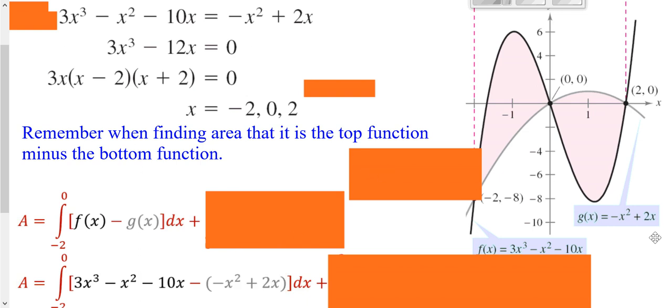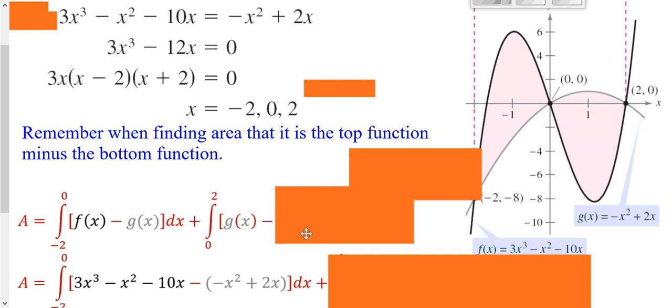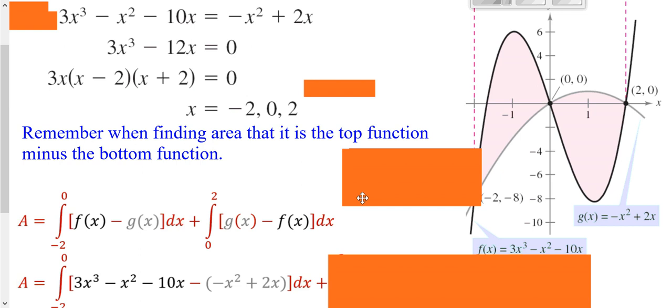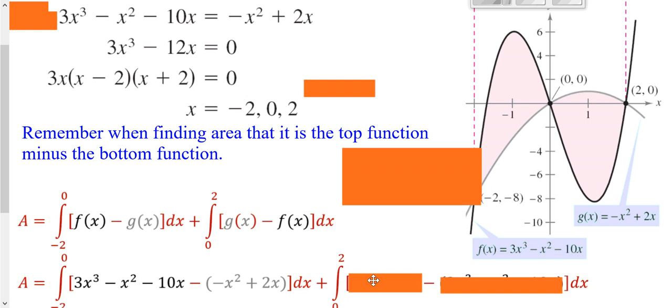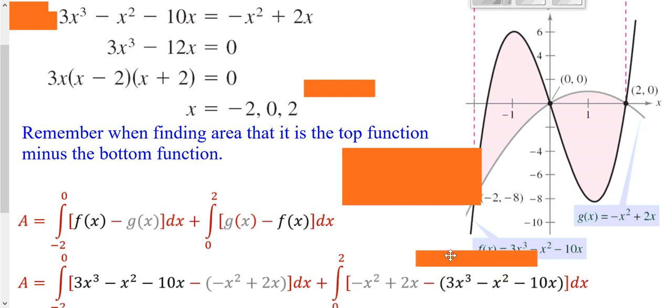Well, then we'd have to do this other one over here where the parabola is on the top and the cubic's on the bottom. And that goes from 0 to 2. So 0 to 2 with the parabola on the top minus what's on the bottom, which is our cubic.